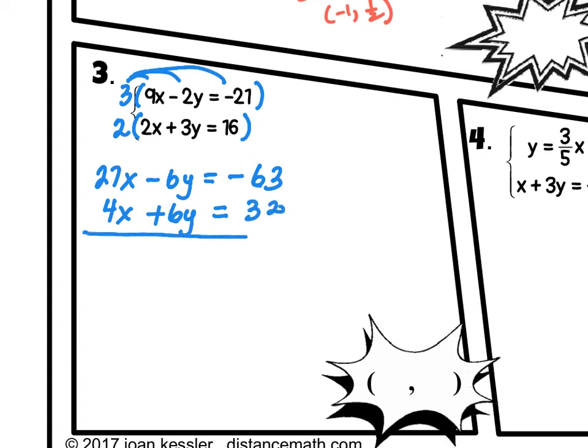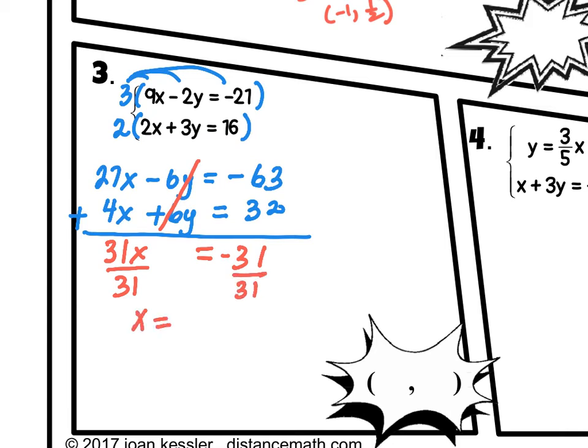So now we're going to add both equations. And you notice when we add both equations, the 6y and the negative 6y will cancel. 27x plus 4x gives you 31x equals negative 63 plus 32, which is negative 31. Divide by 31.